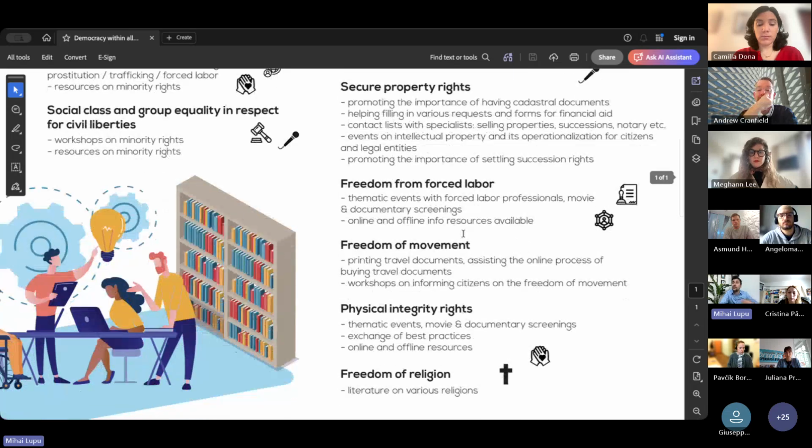Secure property rights. This was a discussion that we had extensively with some librarians. Like, what can I do on that? And then eventually we said, you're just providing the space where the community meets the professional, helping fill in various requests and forms for financial aid, promoting the importance of having cadastral documents, and so on.